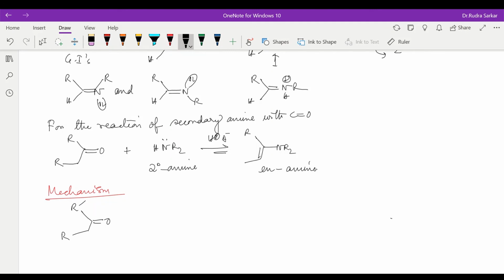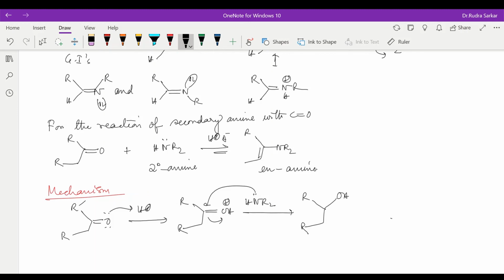Okay, given you H plus, so obviously protonation will take place. Which will be now attacked by the secondary amine like this. This will lose proton.